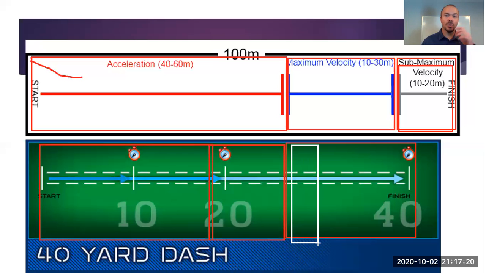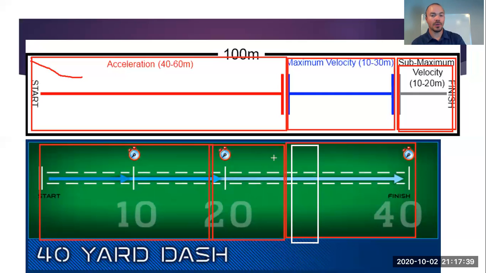So if we're running shorter distances and then just maintaining our top end speed that we got in that shorter acceleration, we're going to save our hamstrings. And so pushing and trying to accelerate for the whole 40 yards is not very efficient.